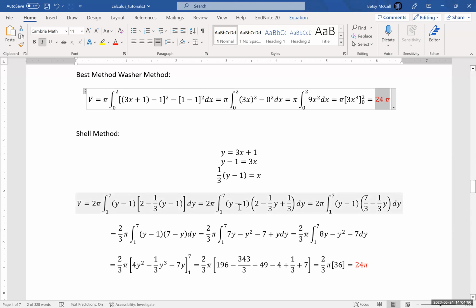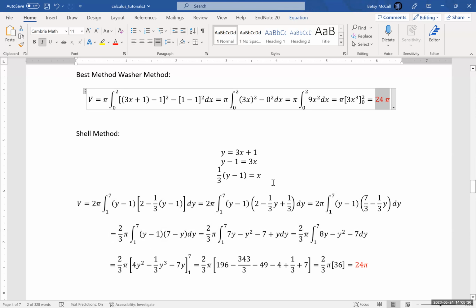Not only is there less algebra, but the work that you have to do at the end is less messy. It is easier to get to the answer if you choose the correct method than if you choose the incorrect method. You will get there, assuming you don't make arithmetic mistakes in all of these steps, and you should get the correct answer. But this is clearly an easier calculation than all of this.